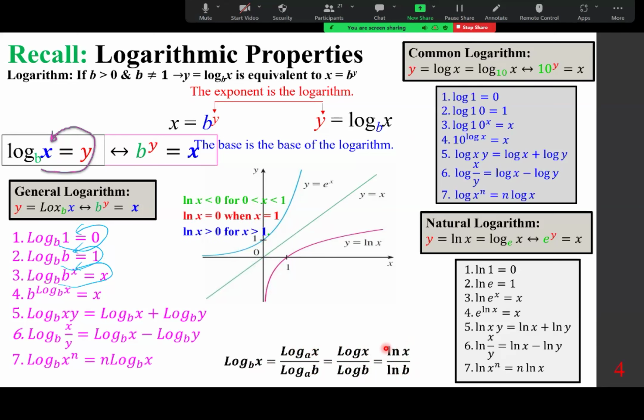What does that mean? I want to start with the middle one. Ln x equals 0 when x equals 1 refers to this point, everybody, the x-intercept on the graph of y equals ln x.